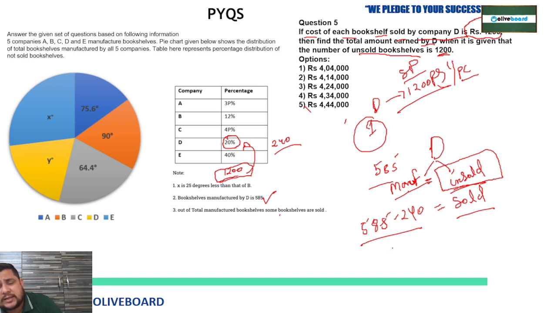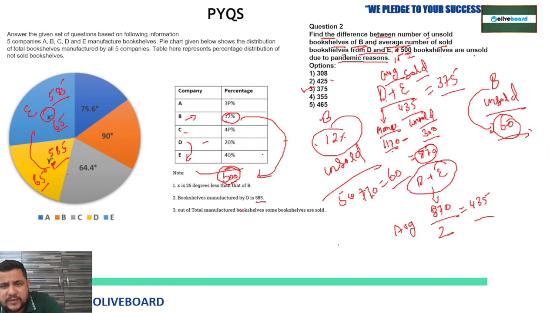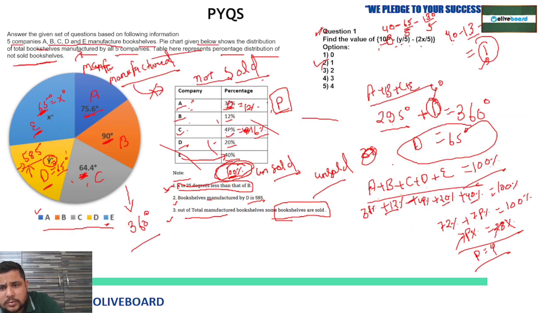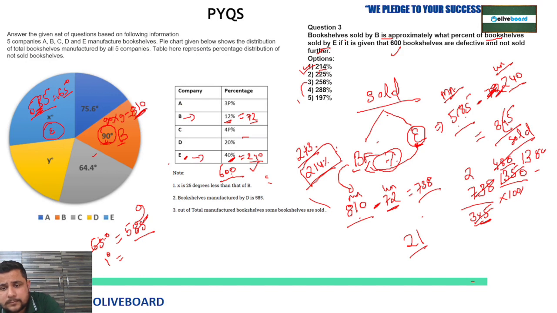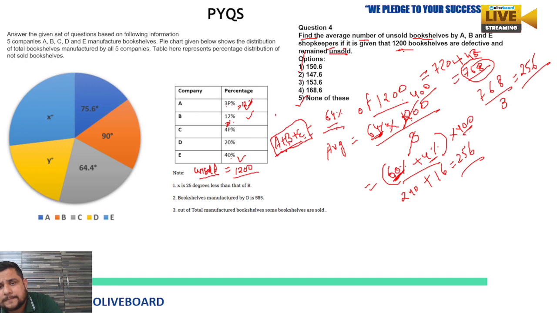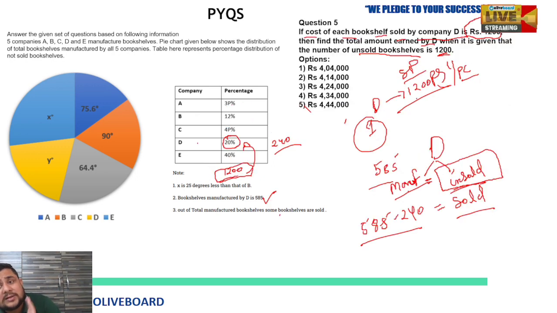In our second question, I think, where we compared D and E, we took the values of D and E. Not here, where we compared B. Yeah, there also we calculated, but there we calculated for E, not D, sorry.